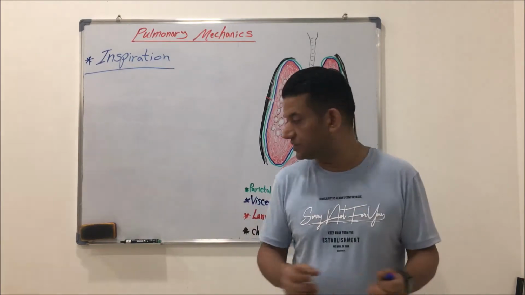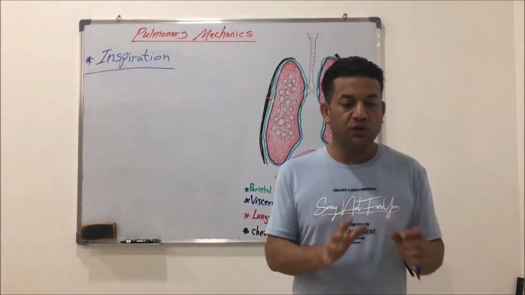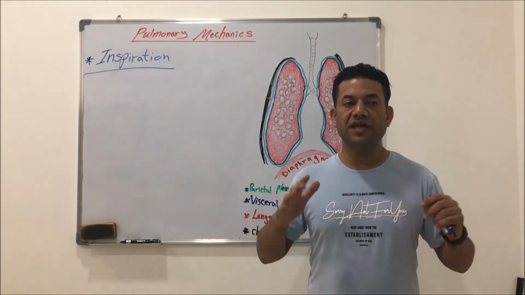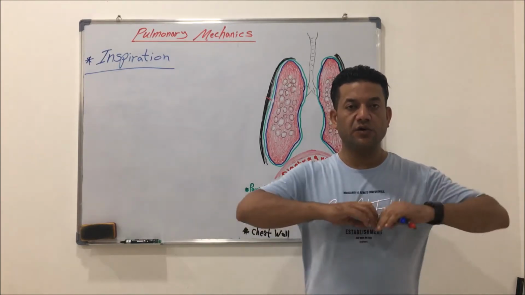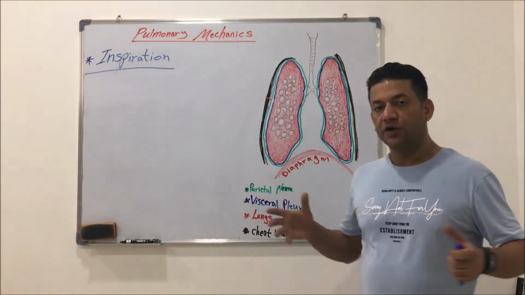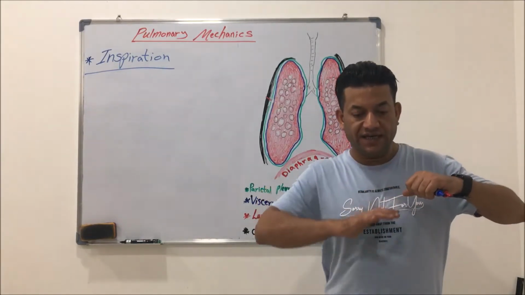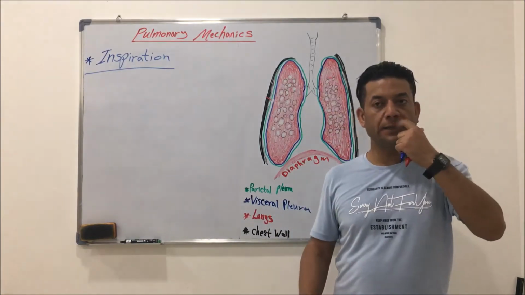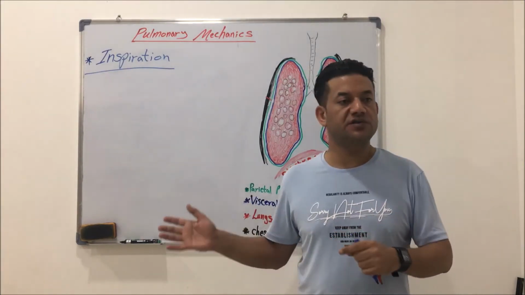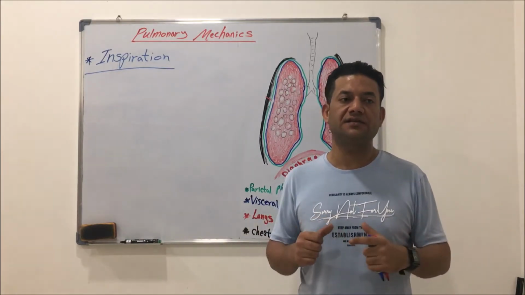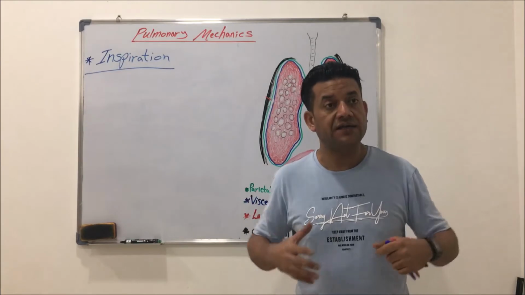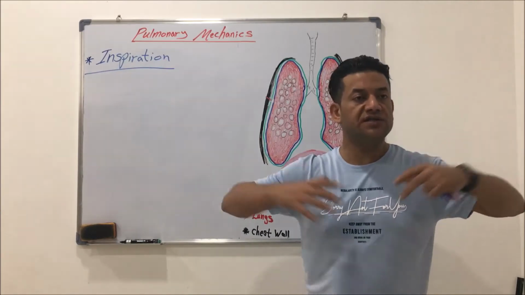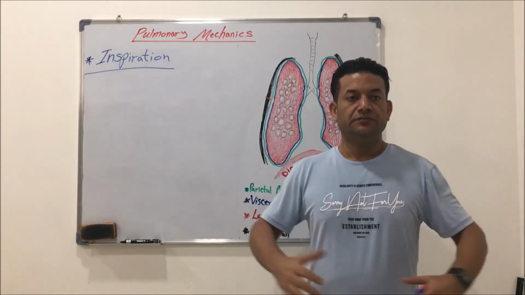When these muscles contract, they will cause an increase in size of the chest wall in both directions, vertically and cross-sectionally. When the diaphragm contracts, it will increase the size of the chest wall in the vertical direction, while when the external intercostal muscles, the scalenes and the sternocleidomastoids contract, they will increase the size of the chest wall in a cross-sectional direction, like that.